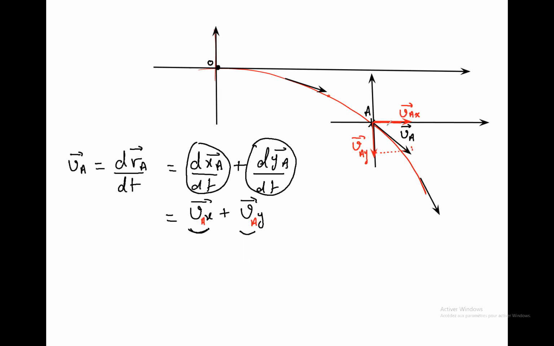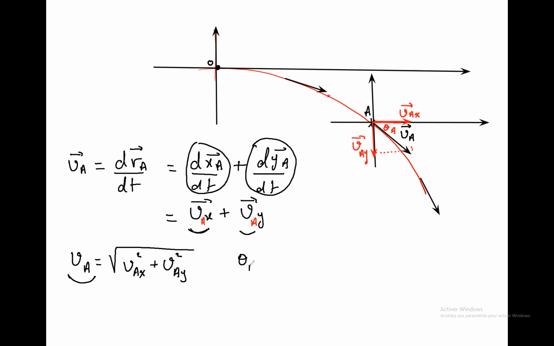And the direction is the angle between the x-axis and the vector VA. As magnitude, the magnitude of VA equals the square root of VAX squared plus VAY squared. This is the magnitude, remember.